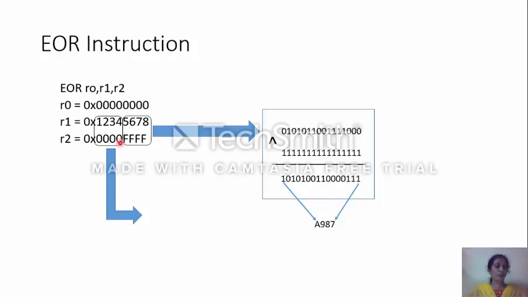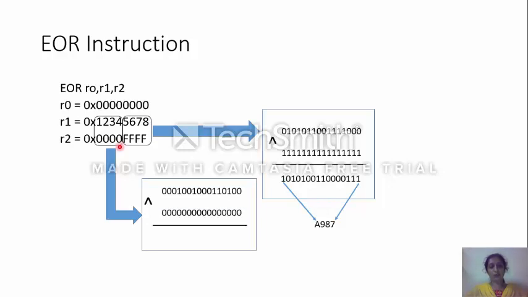Now for the upper 16-bit number 1, 2, 3, 4, which is XORed with 0, 0, 0, 0, what will happen here? Here you can see the binary expansion of the number is given so that you will understand bit-wise, the logical bitwise XOR operation performed there. You have to take individual bits and perform the XOR operation.